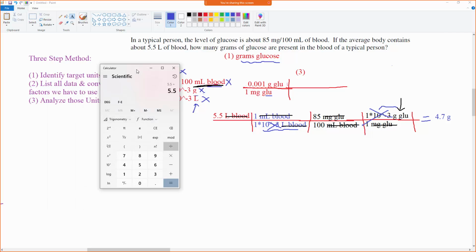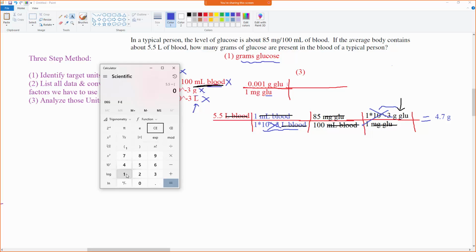5.5 liters divided by, you're going to want to use parentheses, 1 times 10, oh geez, this calculator. You can't use your computer's calculator on the exam, but don't use a computer calculator on the exam because these are terrible.